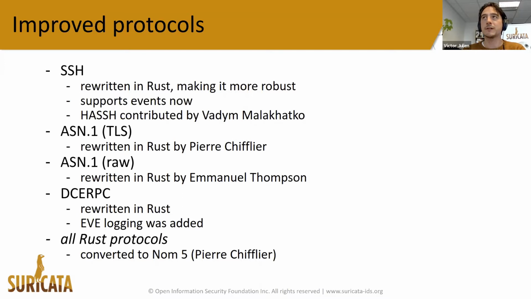One of them is that it can actually log events now, like anomalies in the protocol. And then Fadim Malakhatsko, I'm sorry that I will probably mangle this, has contributed hash support, which is kind of the same thing as JA3, but for SSH. So this is, again, a great community contribution.